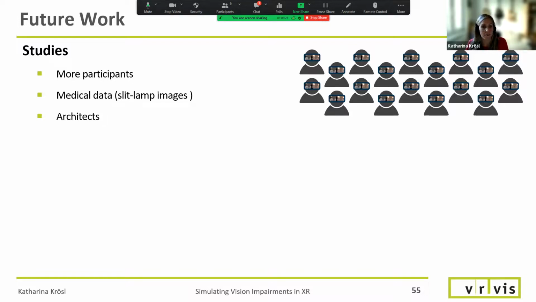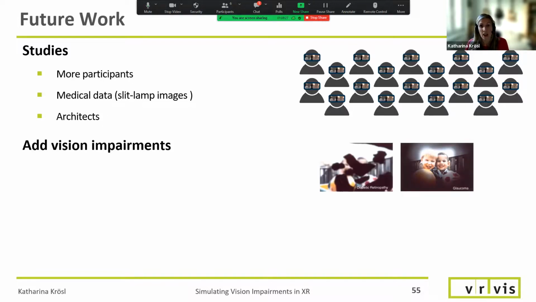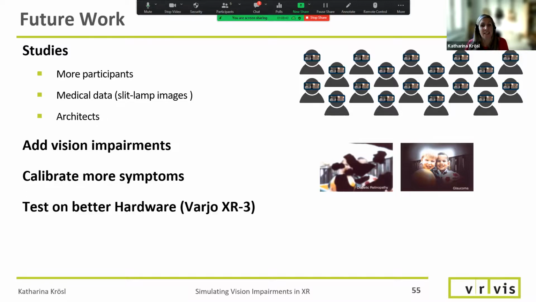And I would like to add more simulations of vision impairments and more calibration methods for different symptoms. I'd also like to test it on better hardware, such as the Varjo XR-3, which from what I've heard has a very high resolution display that matches 20/20 vision, or so it's advertised.